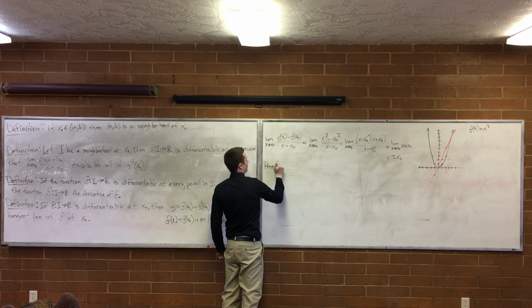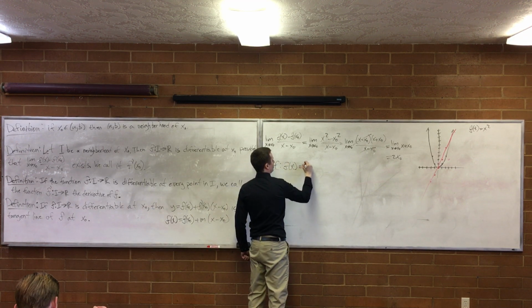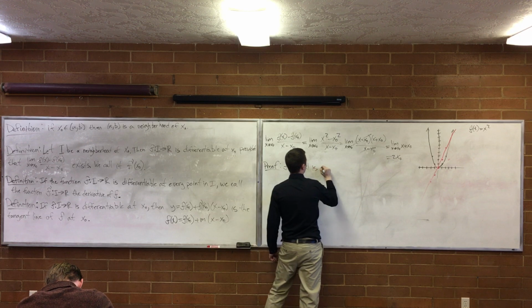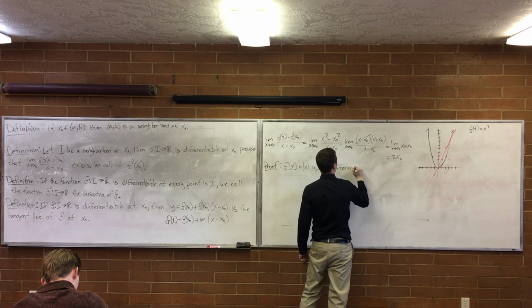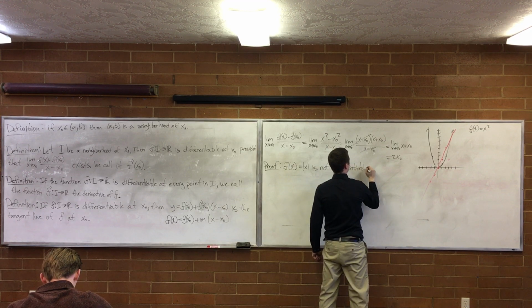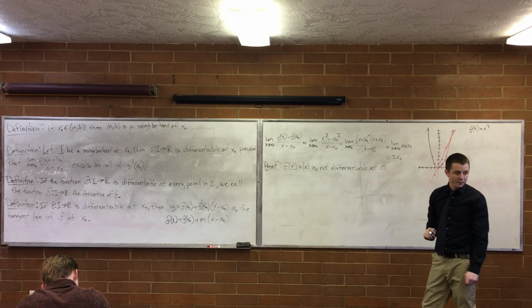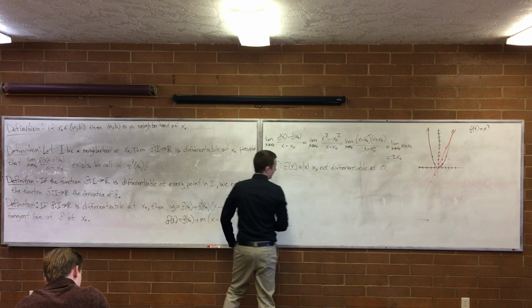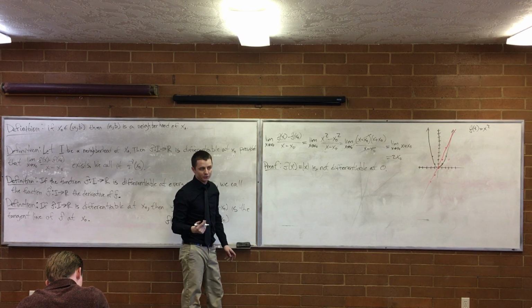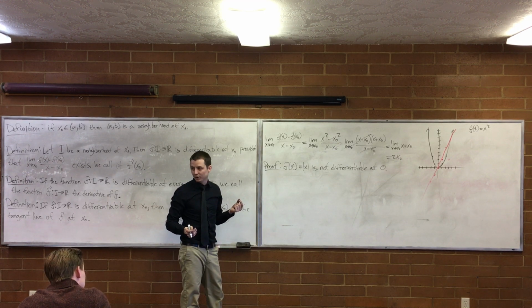Prove f of x equal to the absolute value of x is not differentiable at 0. Now we can do this with sequences, or we can do it with the limit as x goes to x naught. Doesn't matter how you want to do it.